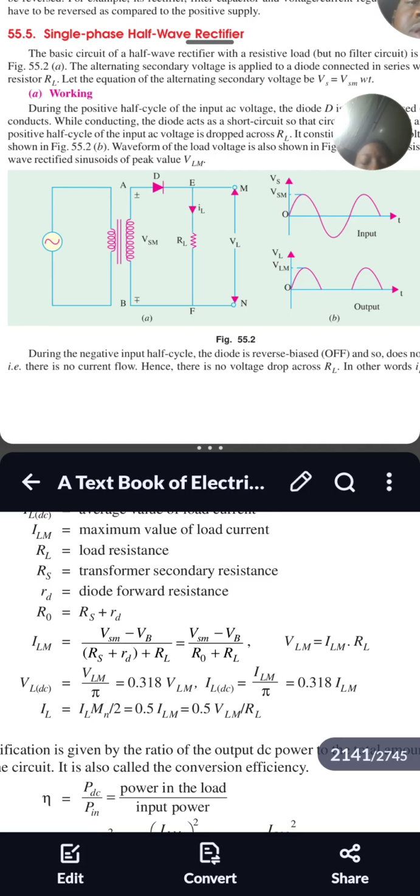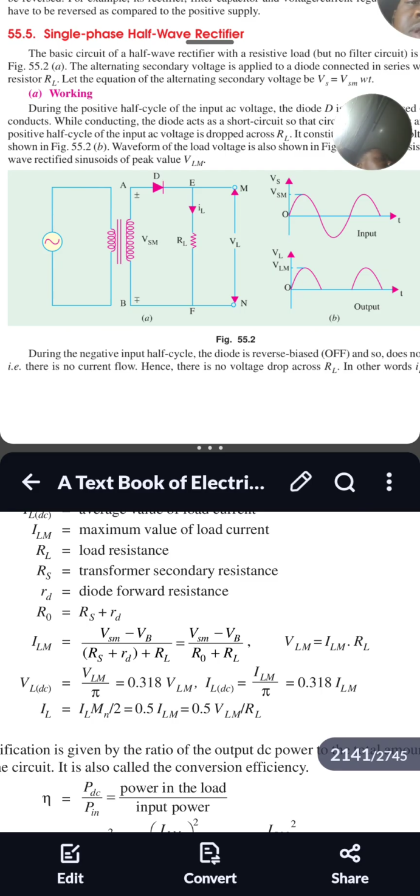So now you know IRMS is the same thing as what? IM over 2. Sorry. IDC is the same thing as IM over pi. Now, for you to understand it better, IRMS is IM divided by 2.